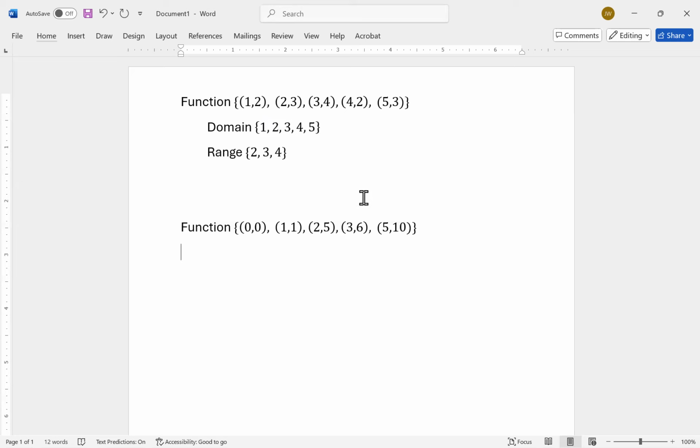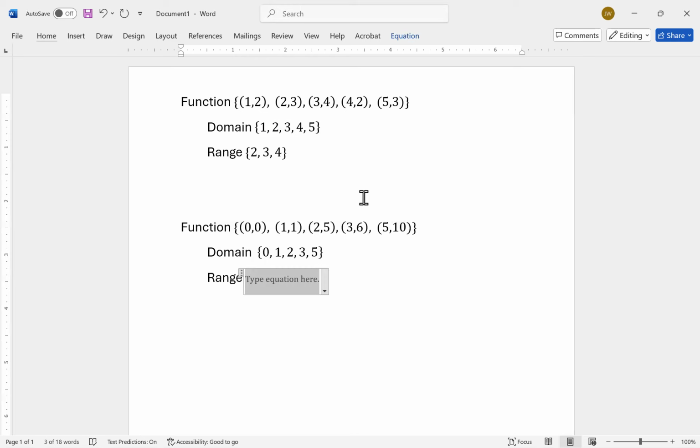On this second function, we already said what the inputs were. So the domain is 0, 1, 2, 3, and 5. Again, put that all into set bracket notation.